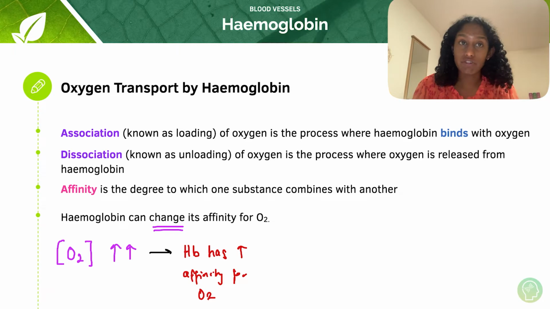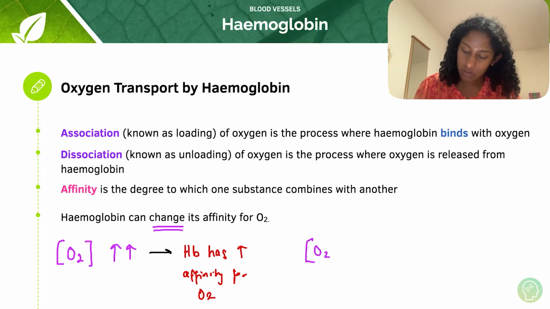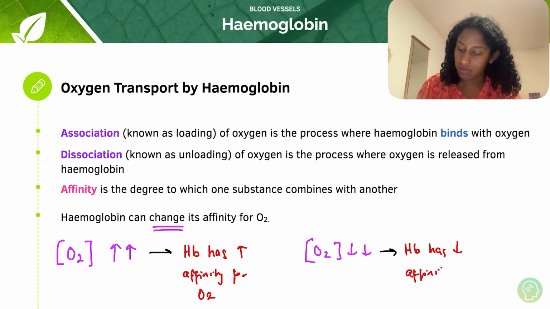And the opposite is true as well. When oxygen concentration is low, haemoglobin has a low affinity for oxygen.